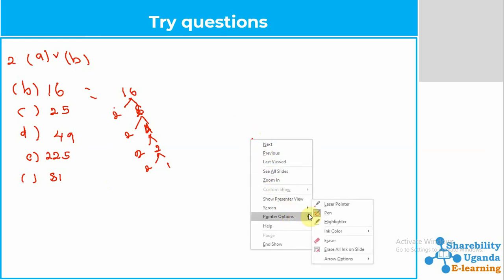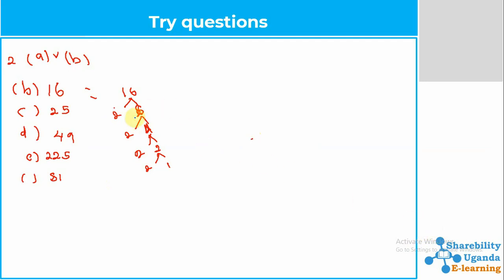Let me get an ink here. Okay, let me use blue. So we are forming out these two pairs of ours. This is a pair that we have formed, and also this is another pair that we have formed.